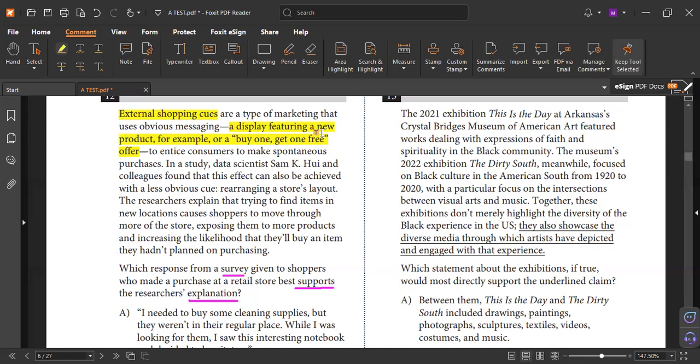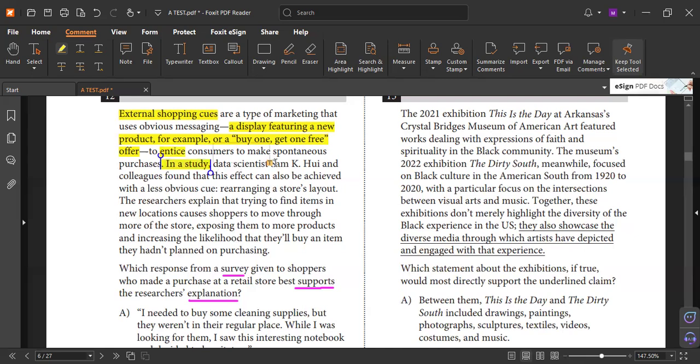A display featuring a new product, for example, buy one, get one free offer. So obvious messaging. Okay. I just understand. So to entice, to attract consumers to make spontaneous purchases. Spontaneous means to buy something without thinking too much. Okay. This is the main idea of what's going on.